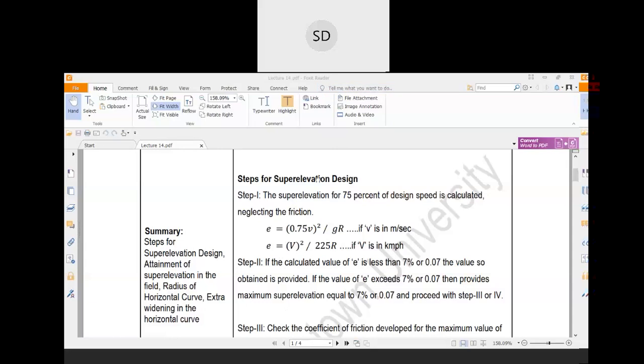Just start from the first step. Either you can convert your speed into meters per second and put that value in the first equation to find the e value, or you can directly use the second formula to find the e value.